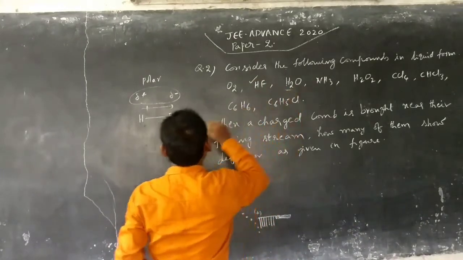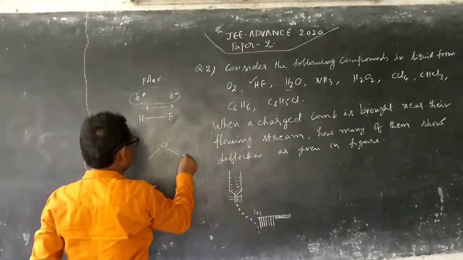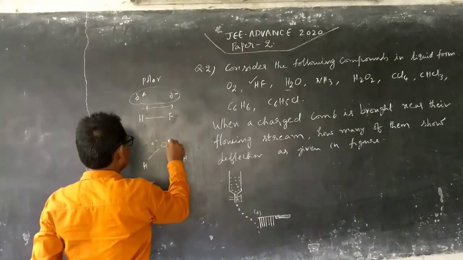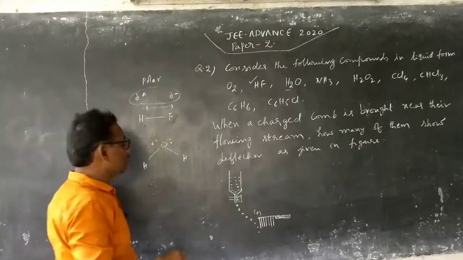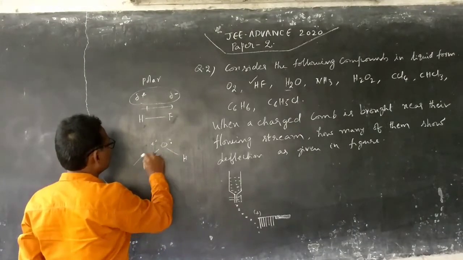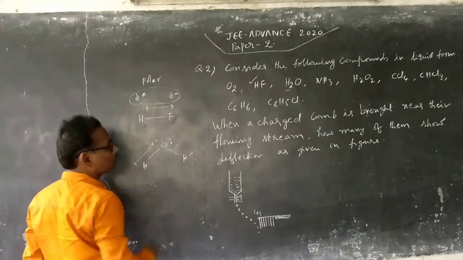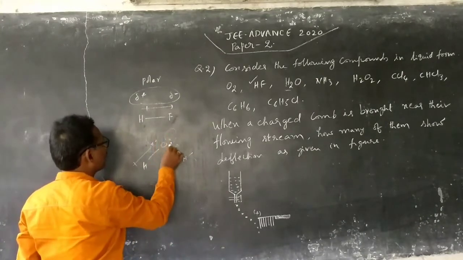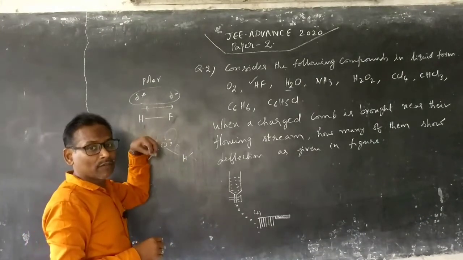If you take H2O, it has a bent shape with two lone pairs. The movement of the molecule is towards oxygen because oxygen is more electronegative and is always trying to drag electrons away from the atom.